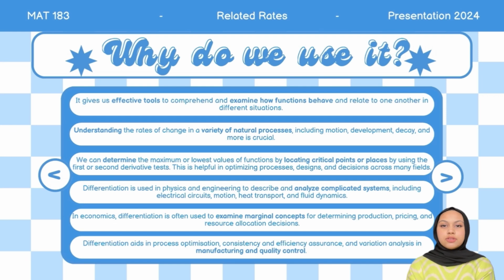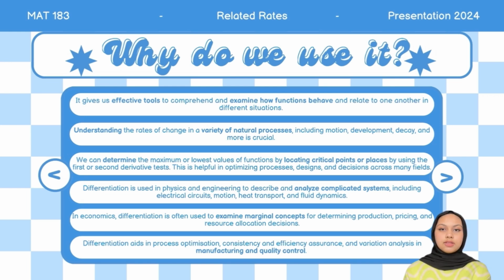Differentiation is used in physics and engineering to describe and analyze complicated systems, including electrical circuits, motion, heat transport, and fluid dynamics. It offers perceptions into forces, acceleration, velocity, and other physical parameters.